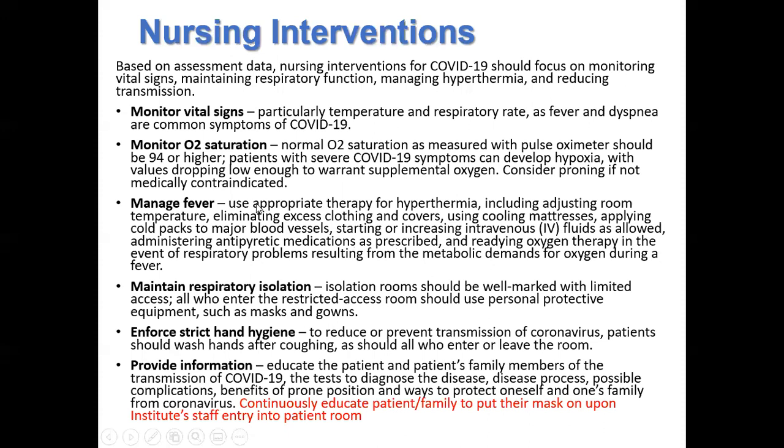So they said the nursing intervention is based on assessment data. Nursing intervention for COVID-19 should focus on monitoring the vital signs, maintaining respiratory function, managing hyperthermia, and reducing transmission.